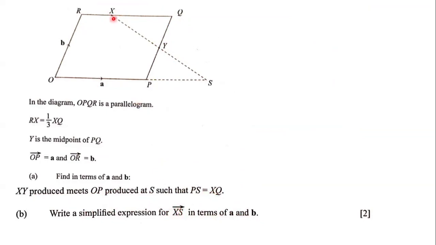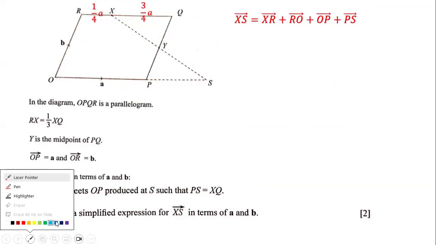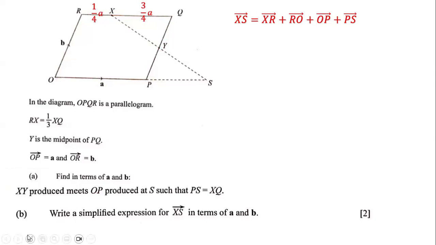XS just basically means that we start at X, but we end at S. And so, okay, well, what do we know? If we would just look at this direction, we start at X and we end at S. So the first time we're going to go from X to R.